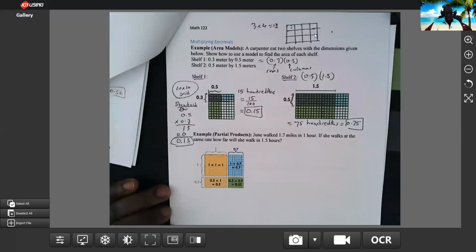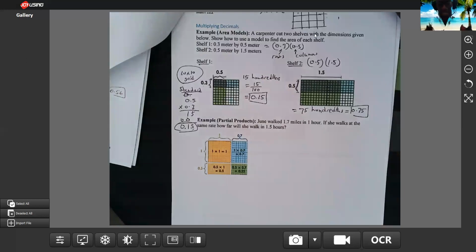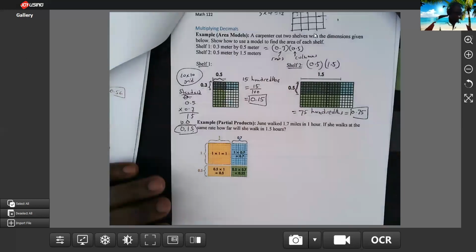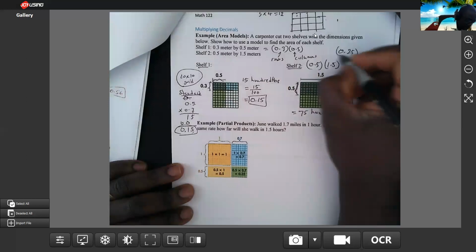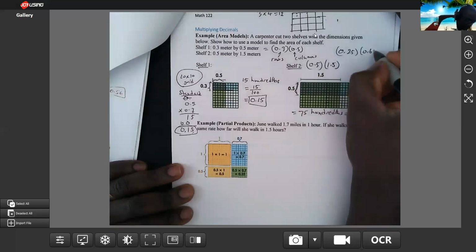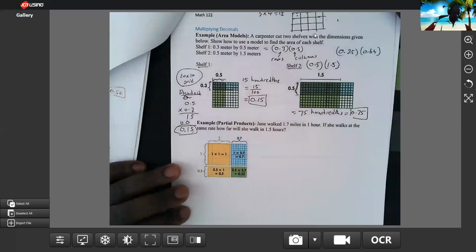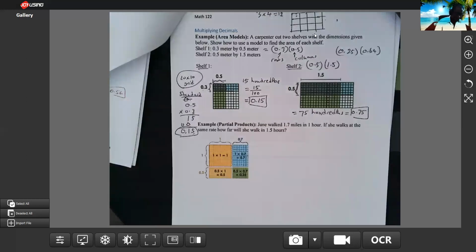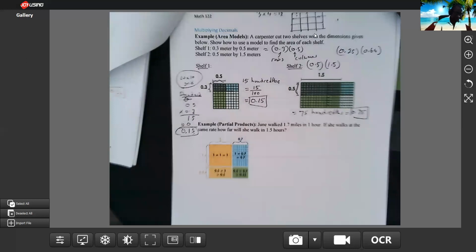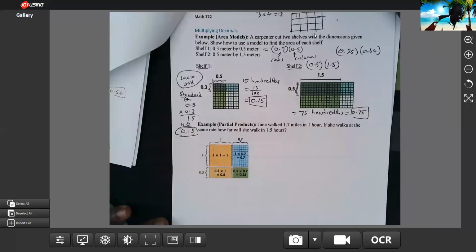So we can use the grid if you have very simple problems like this. Even if you have something like 0.25 times 0.664, you have 25 of the rows in that form.